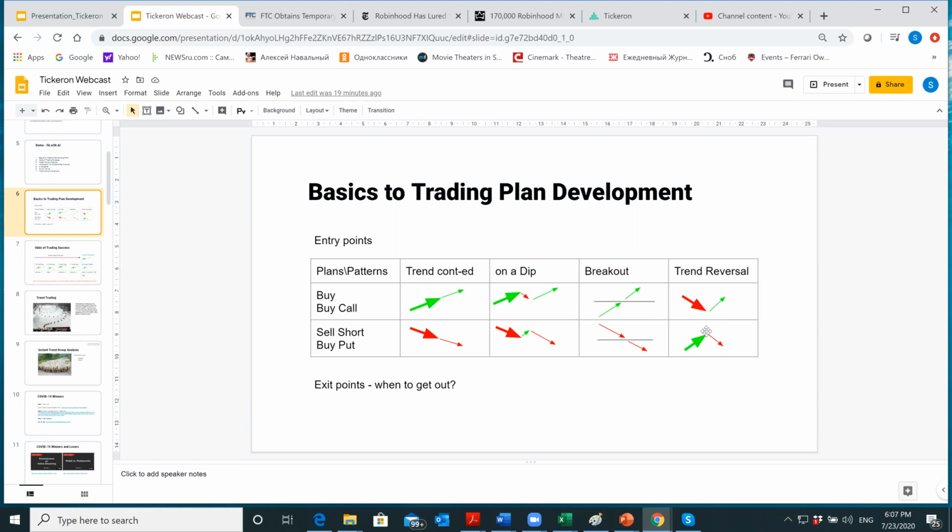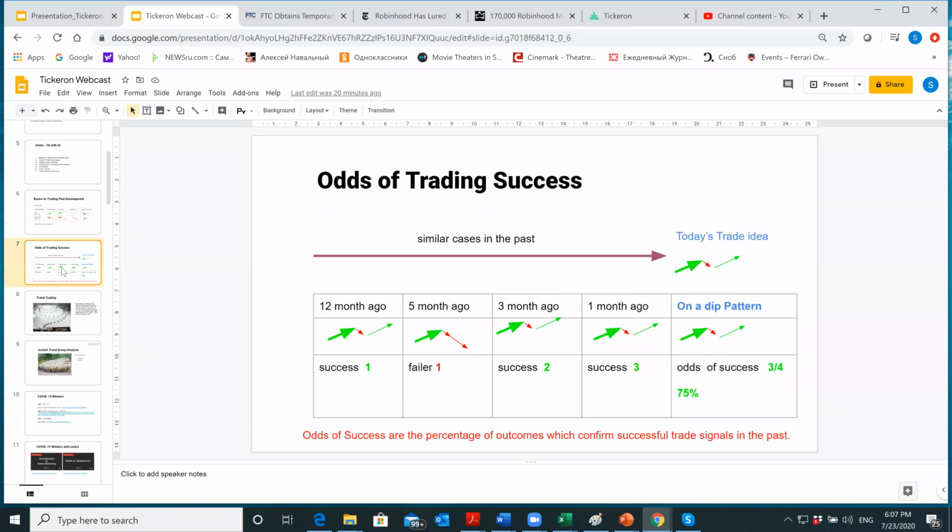People try to find this particular point when, for instance, Tesla goes up and they believe it's going to go down. They buy puts here, or they sell short, and the stock goes up. Okay. There are a lot of reasons why it is dangerous, and I don't recommend trying to find these particular points. Okay. So what are the odds of success, and how do you find them?